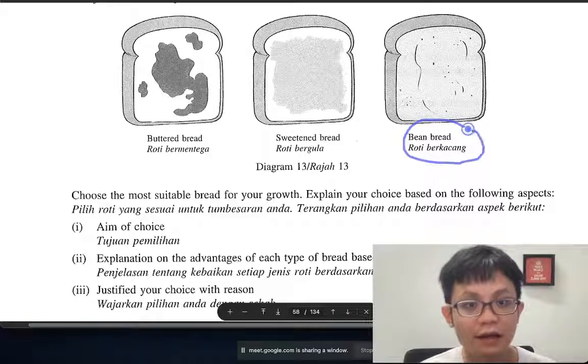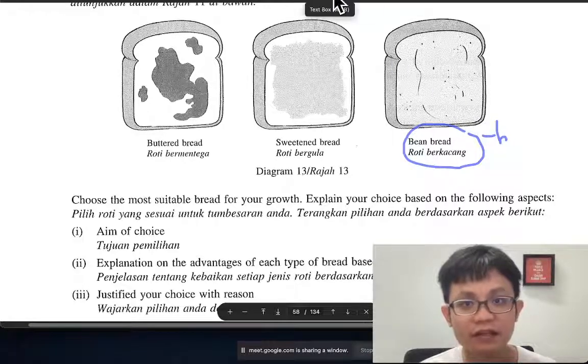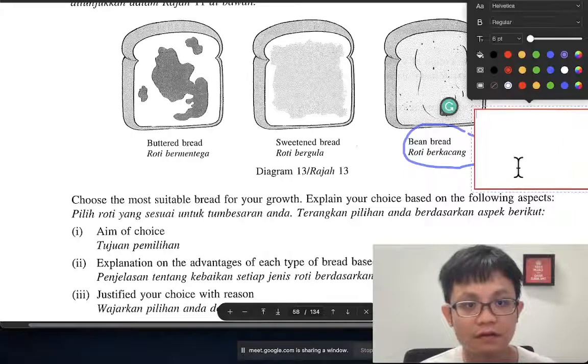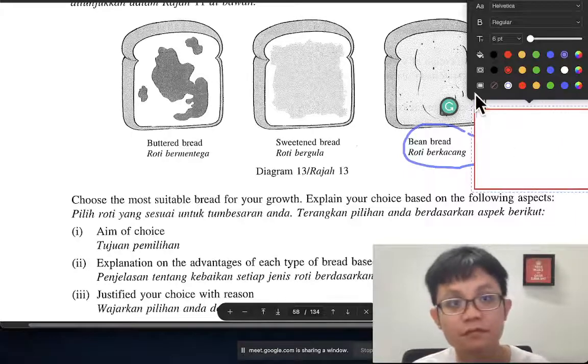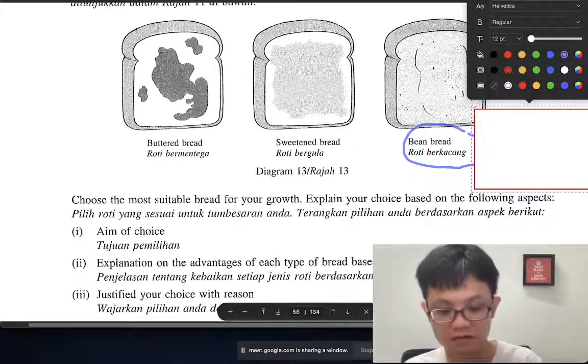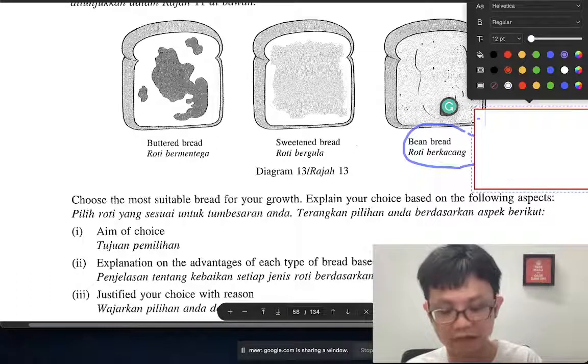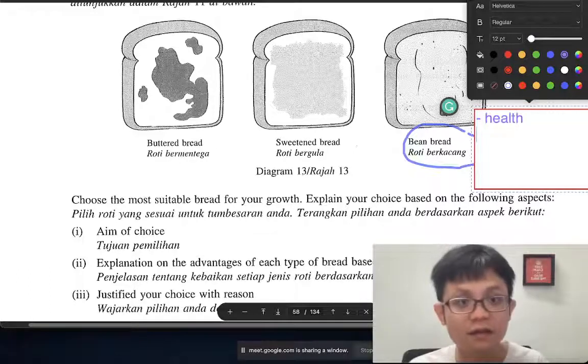Why? Bean bread is healthier compared to butter bread and sweetened bread. Can you explain why it is healthier? Bean contains more protein. Yes, very good. And it will help us in growth. So it's more healthy, and we want to justify the answer because it has more protein.